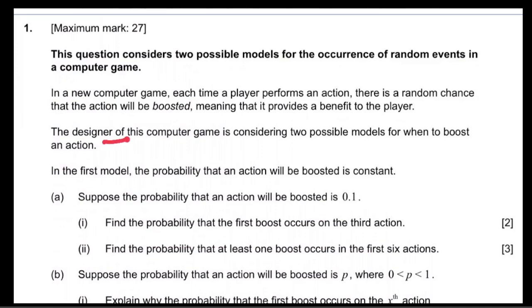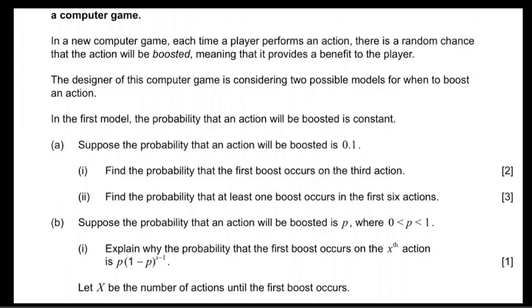The designer is considering two possible models for when to boost an action. In the first model, the probability that an action will be boosted is constant throughout the experiment.